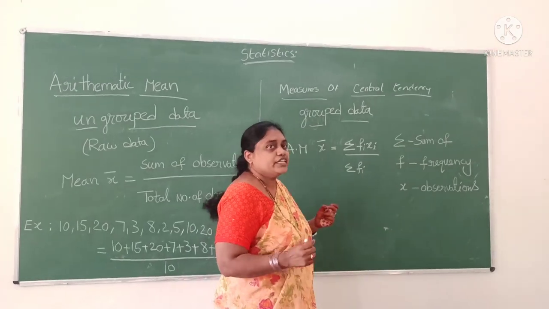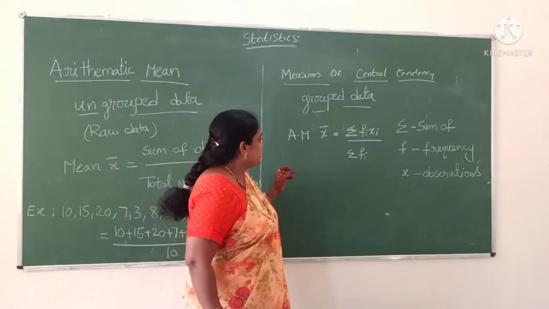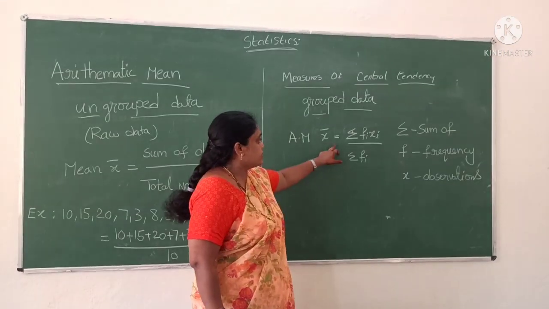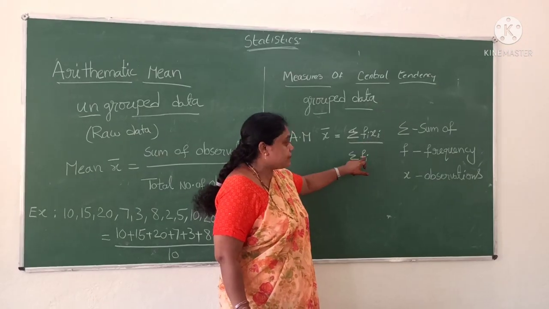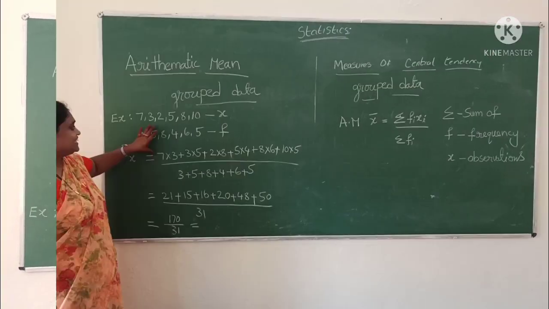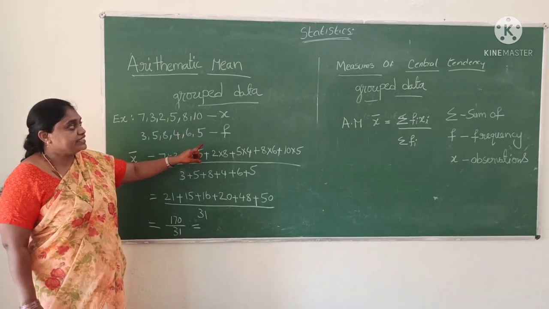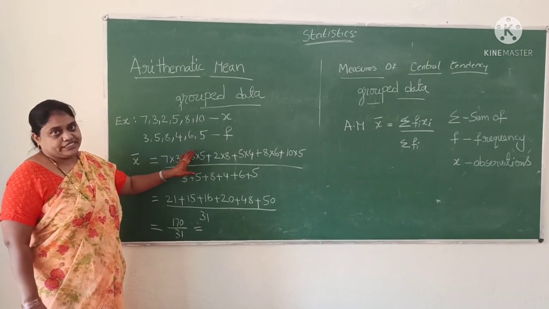Now we see another example using this formula, x bar is equal to sigma fi xi by sigma fi, to calculate arithmetic mean in a simple method.